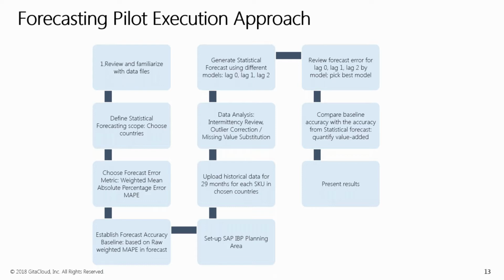Holt's exponential smoothing works well if the historical data has not only an averaging pattern, but also a trend. And finally, Winters' not only captures the level and trend, but it also captures the seasonality patterns in the past historical data.